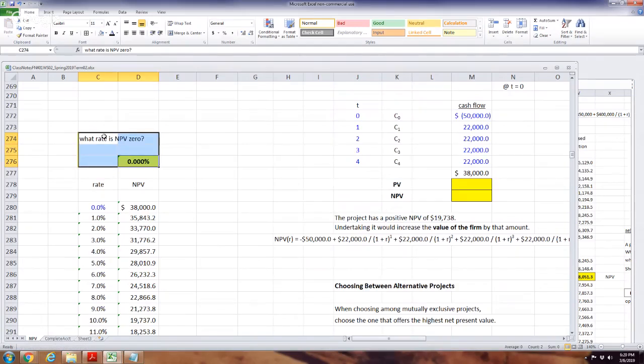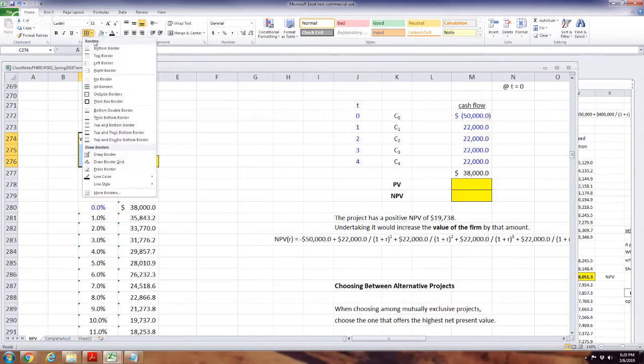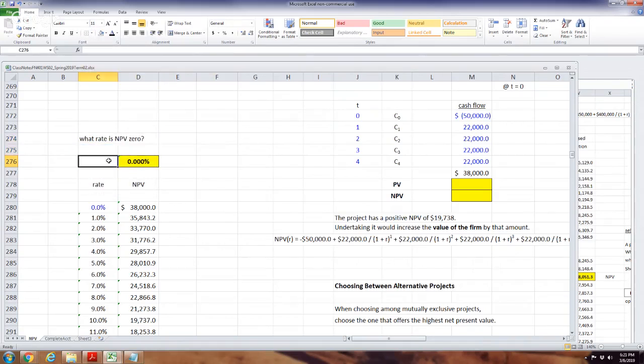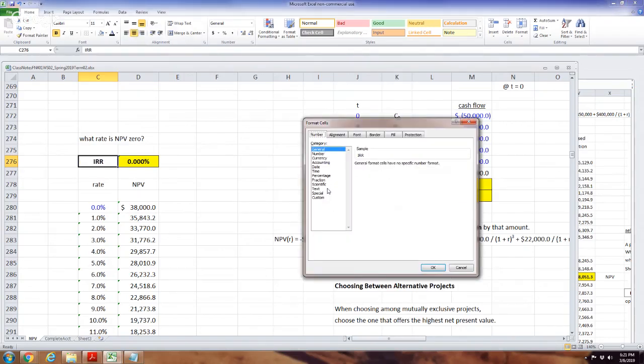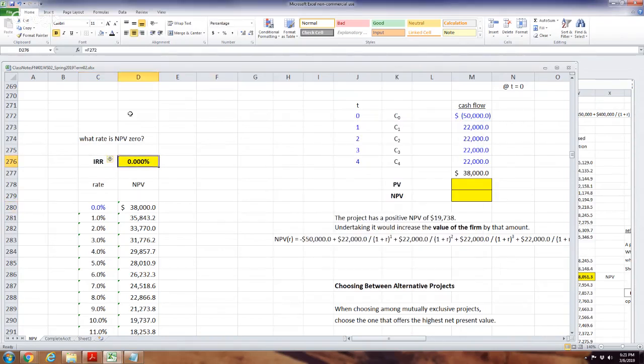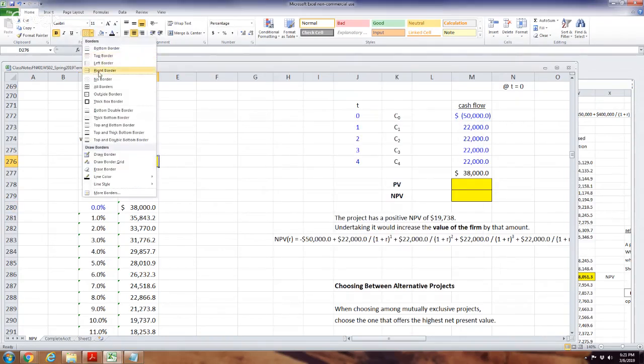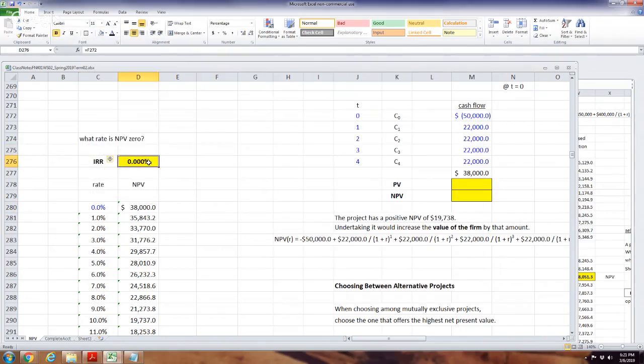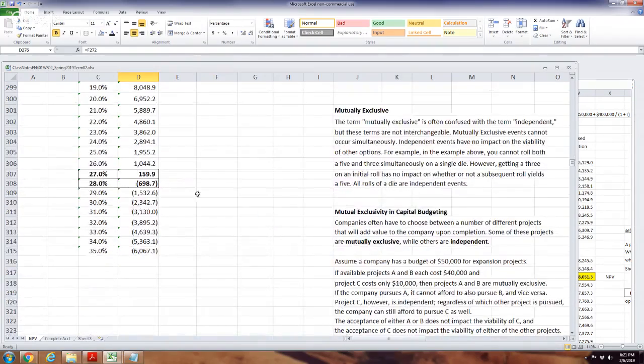Just sort of jam that in up here. Border, and this is just simply IRR. Bold, center, make it text. We're adding things as we go here. Yeah, and we'll set that equal to something in a little bit.